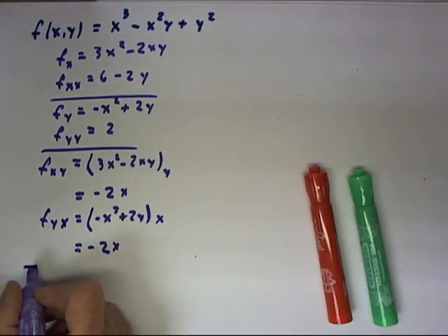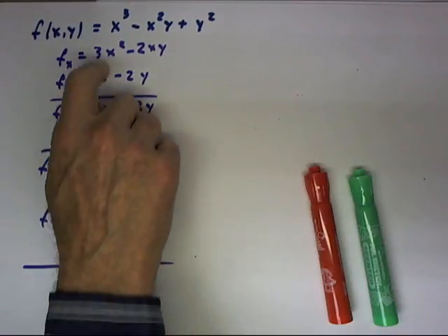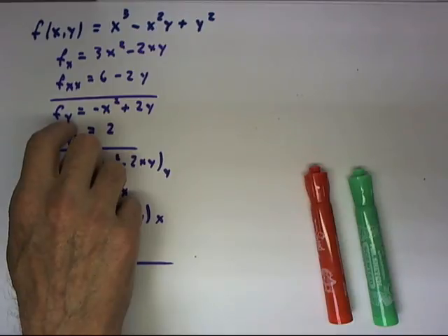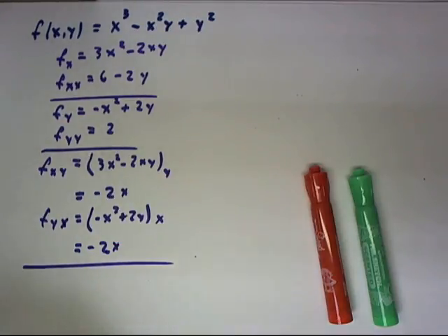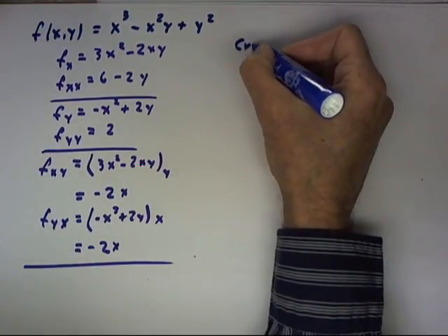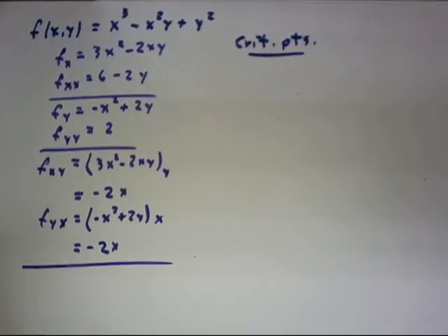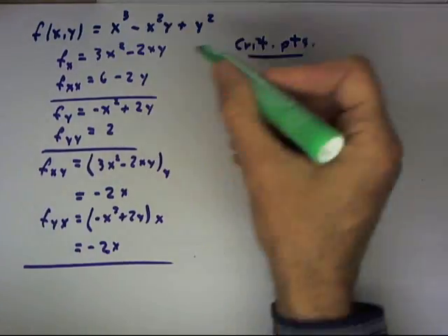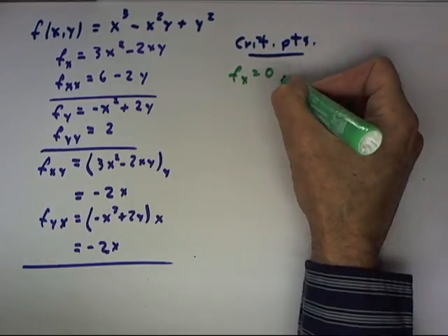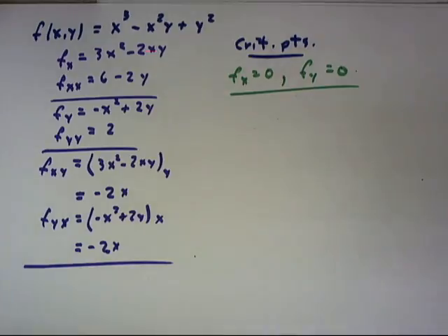Now where does this leave us? Well, we have all our derivatives. Our critical points are going to occur when fx is 0 and fy is 0. So if we want to find our critical points, we set fx equals 0 and fy equals 0.